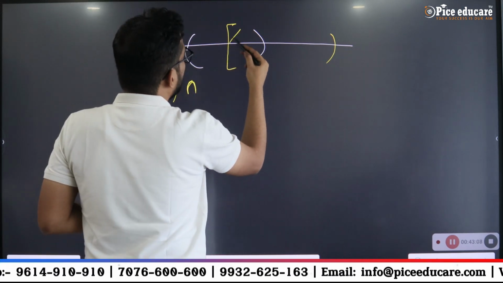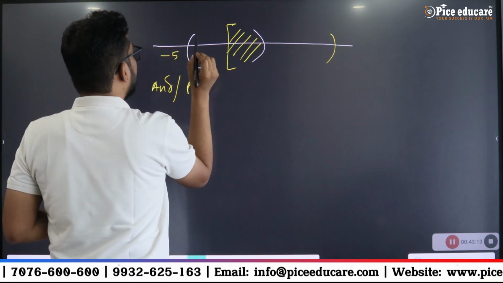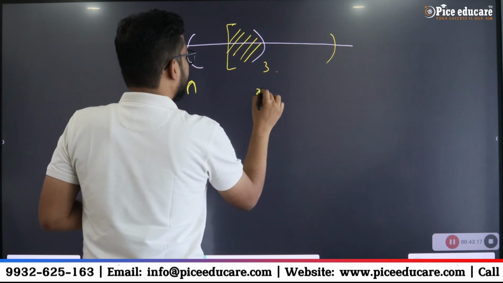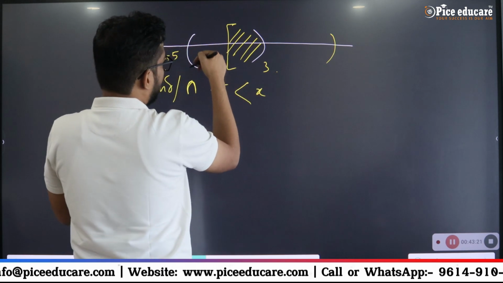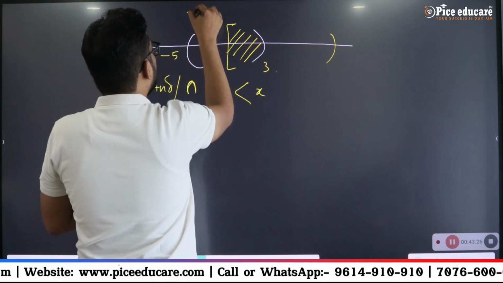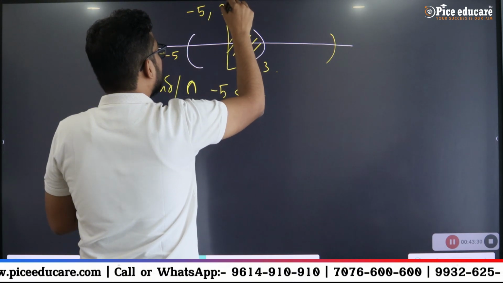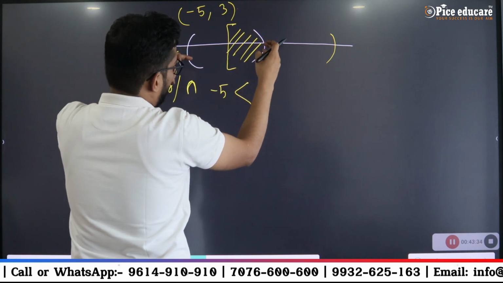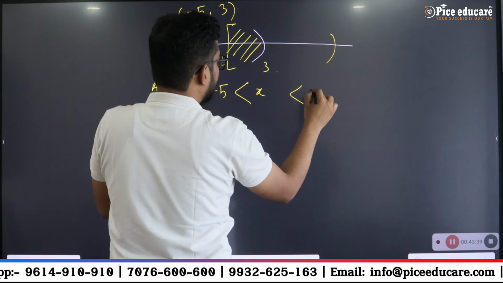Because there is a common zone. So if my x is within say -5 and 3, x is strictly greater than -5. I have used a first bracket because I want to say that my interval is open. So a first bracket, and that same first bracket is represented here. So strictly greater than -5, strictly less than 3.